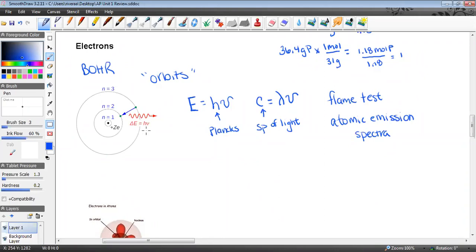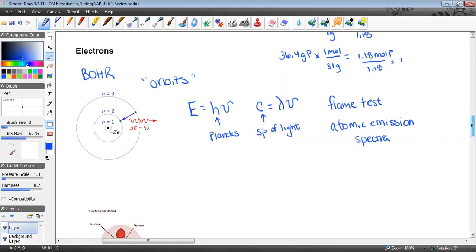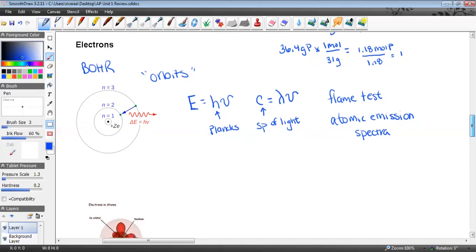Okay? All right, but the Bohr model obviously cannot explain bonding. The math really only worked out when we were talking about hydrogen, and if you had more than one electron, it became not the best model. So now, instead of using these set circular orbits, Heisenberg's uncertainty principle tells us that we can't base electron location on certainty at all, because they're too small and too fast. We can't locate both their velocity and their position at the same time.